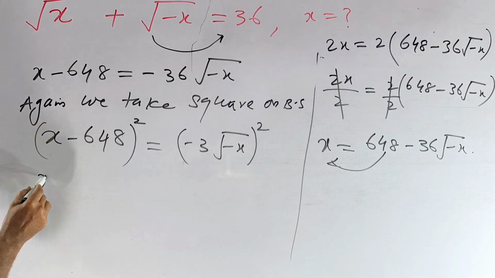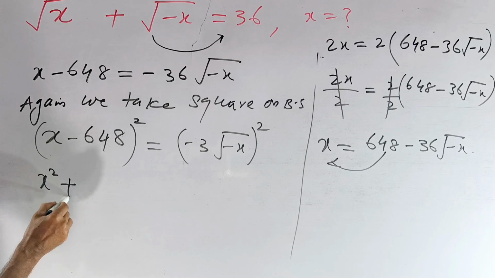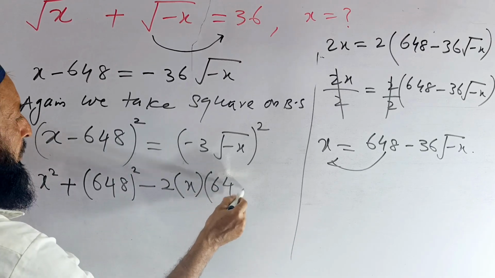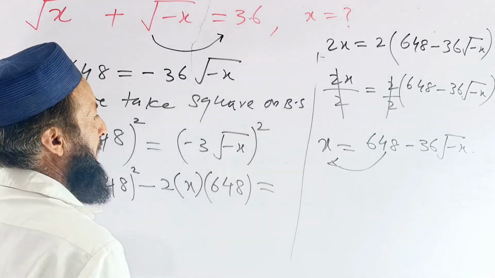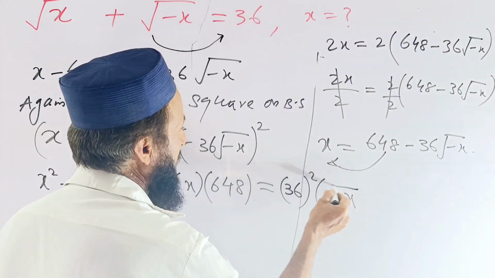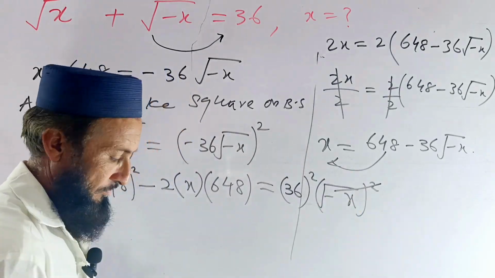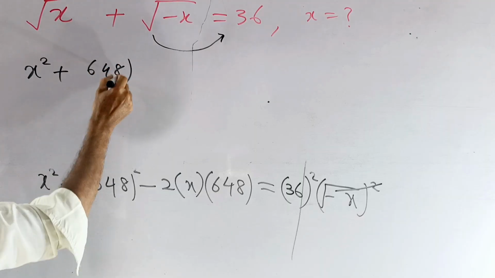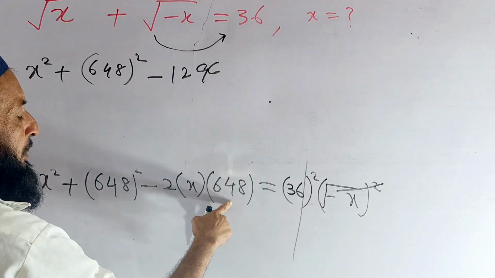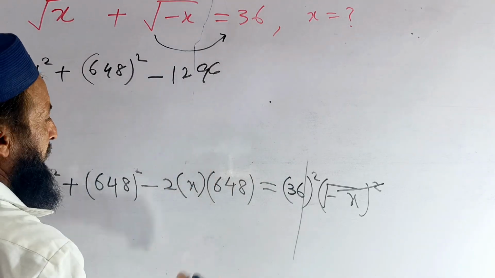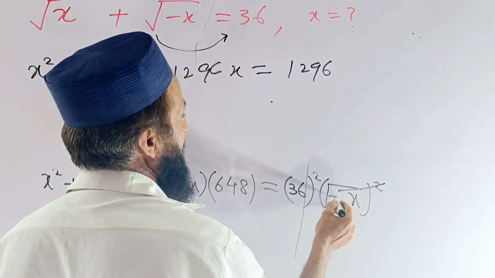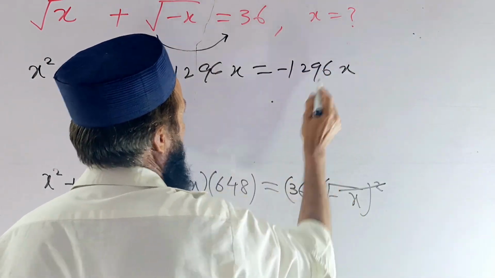According to the formula, a minus b whole square is a square plus b square minus 2ab. Here we get x square plus 648 whole square minus 2 multiplied by 648, we get 1296x, and the right side is 36 square and the square root of x squared, so this will be cancelled.